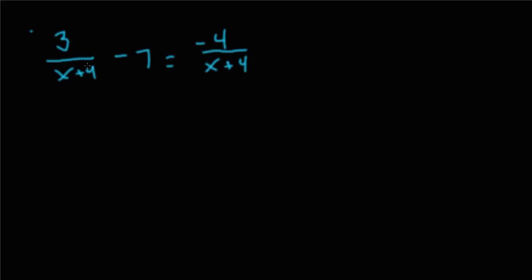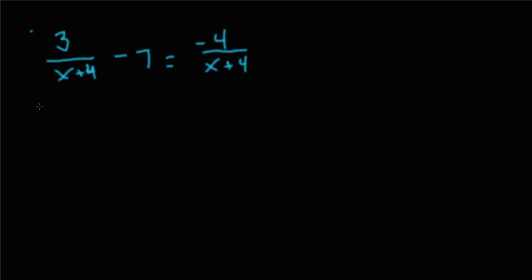Now, one way we could do this, since we've got fractions in the denominator, is we could change this minus 7 to a minus 7 times x plus 4, divided by x plus 4. But an easier way to do it, since we want to not deal with fractions if we can avoid it, is to multiply both sides of this equation by x plus 4. And that'll also take care of the fractions by eliminating this part in the denominator.